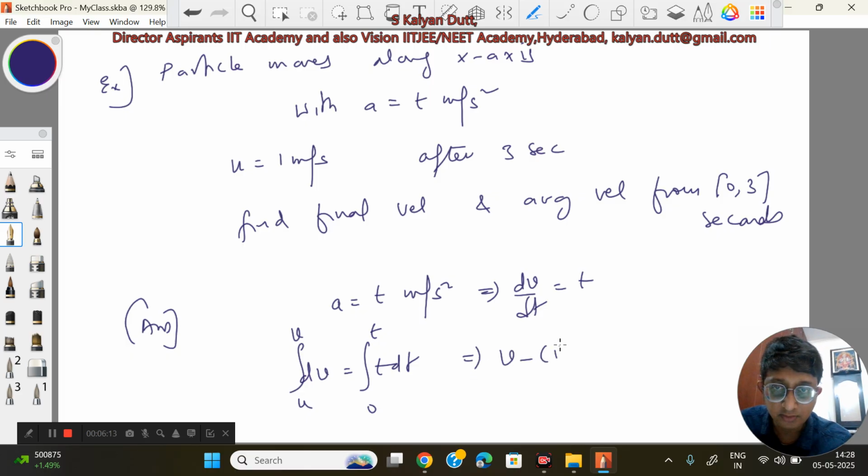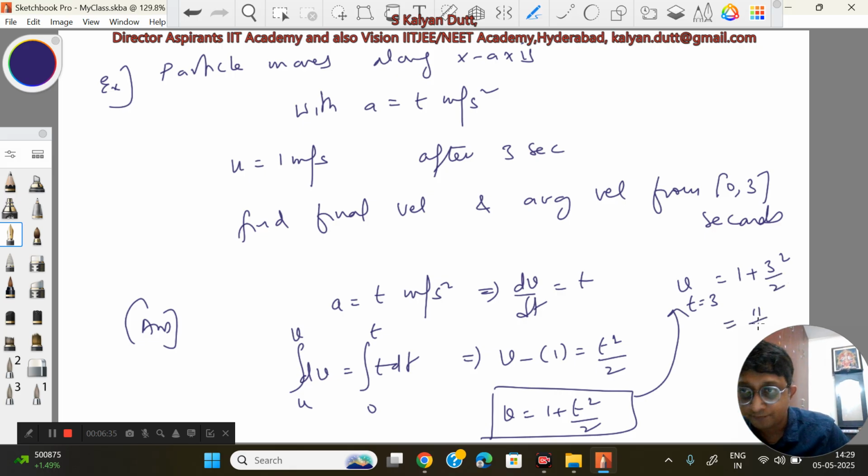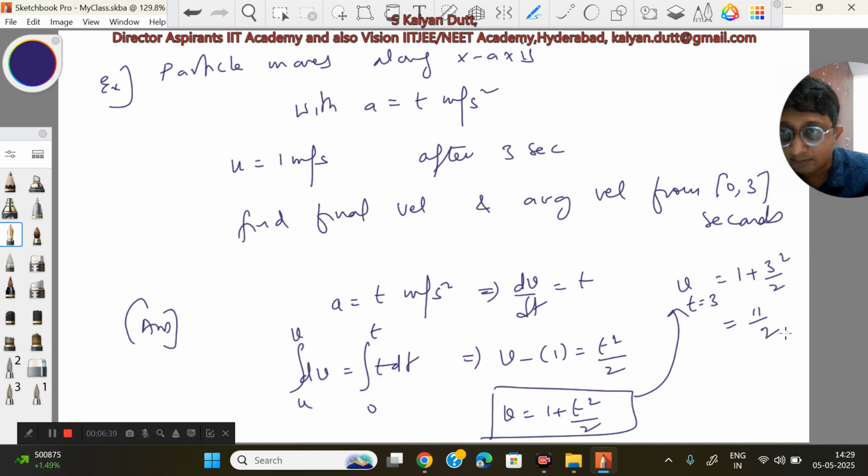So v minus u, which is v minus 1, is t square by 2. So v is 1 plus t square by 2. That is the velocity at any time. Now, if you want velocity at 3 seconds, you put time 3 here. So you get velocity at t equal to 3 is 1 plus 3 square by 2. So it is 11 by 2.